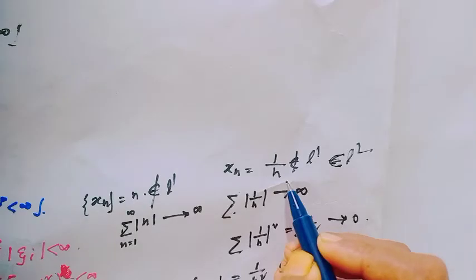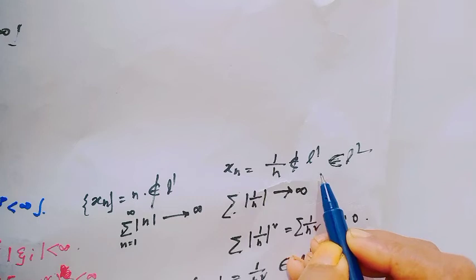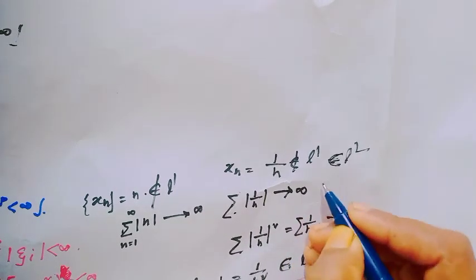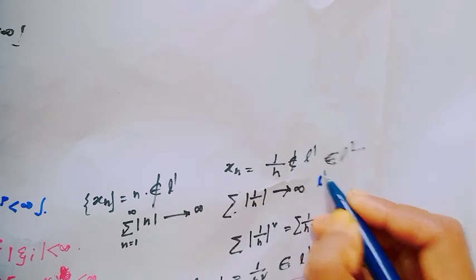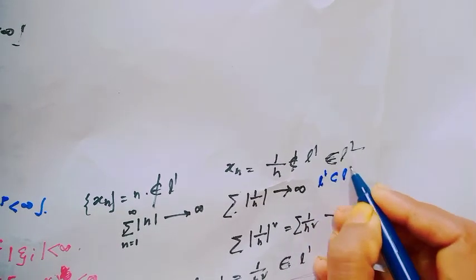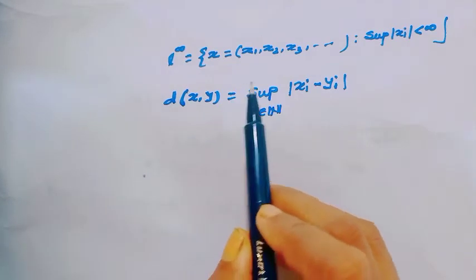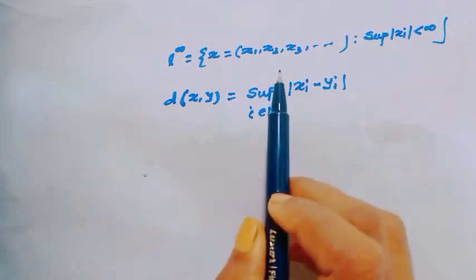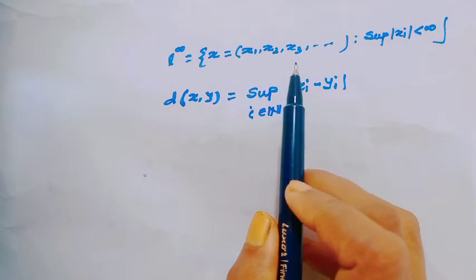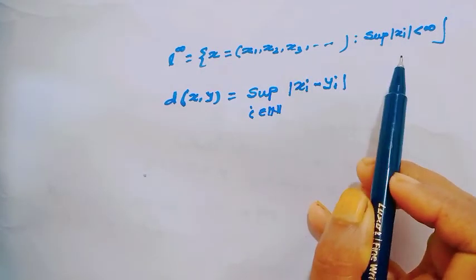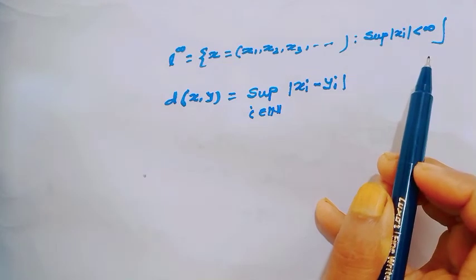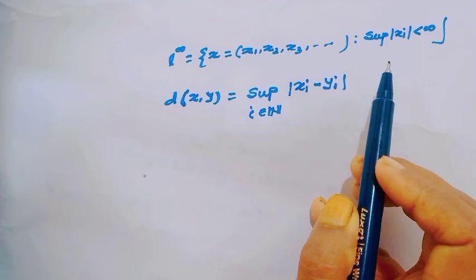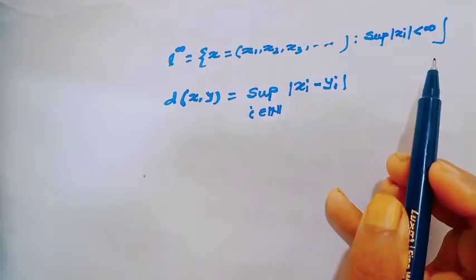Okay. And since 1 over n belongs to l2 but does not belong to l1, that means we can tell l1 is actually contained in l2. And if we consider p equal to infinity, then this is the set of those sequences whose supremum value is less than infinity. That means the set of those sequences which are bounded.